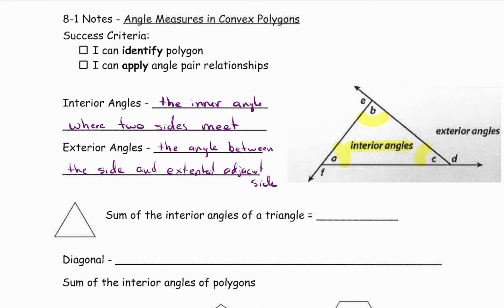So if we take an angle, here we have a side, and the adjacent side is right here. And if we extend that, the angle that we're looking at, D right here, this is your exterior angle. Okay, we have another one here and another one here. So D, E, and F are exterior angles. A, B, and C would be interior angles. Okay?